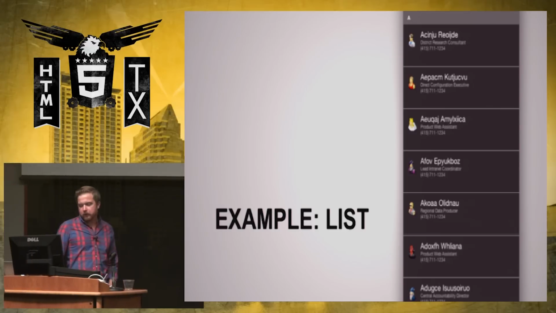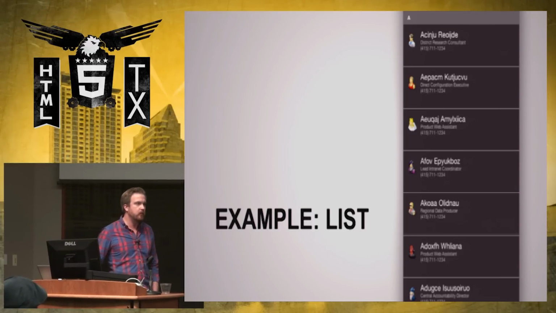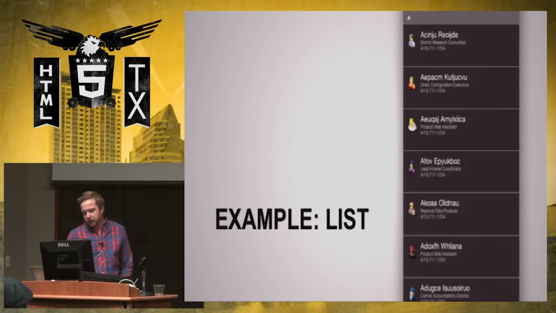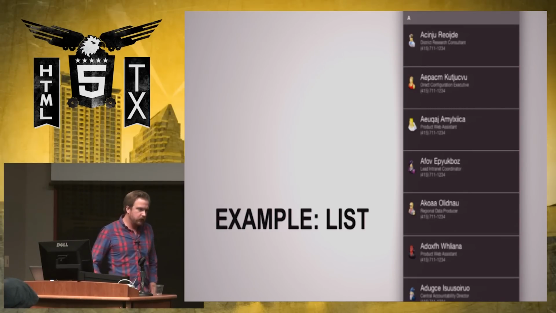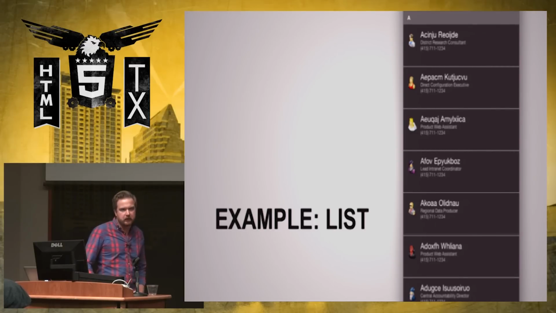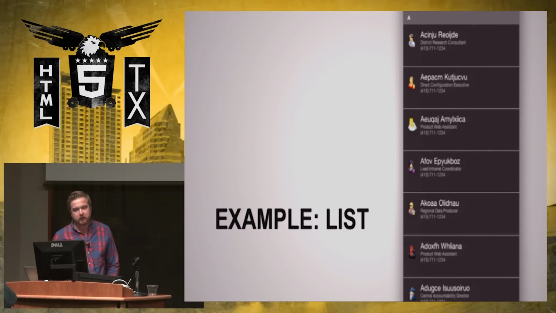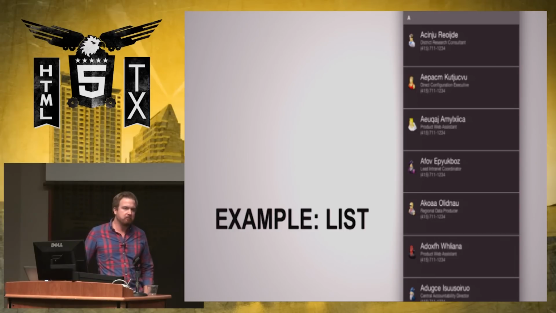So I want to briefly go over an example of a slightly more complex component that is built into Enyo, and that's our list object. In applications, for example, say an email application or a contact list where you have very lengthy data sets to represent, or an email or Twitter feed where it's like an infinite scrolling list, those can be really hard to deal with out of the box in web apps or using the web stack as a whole.